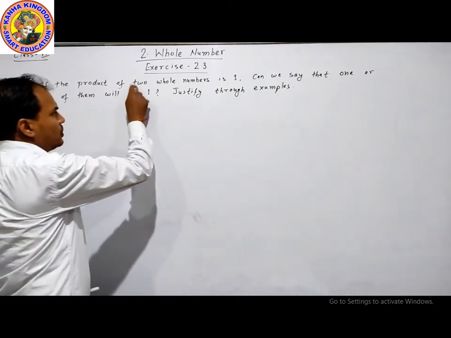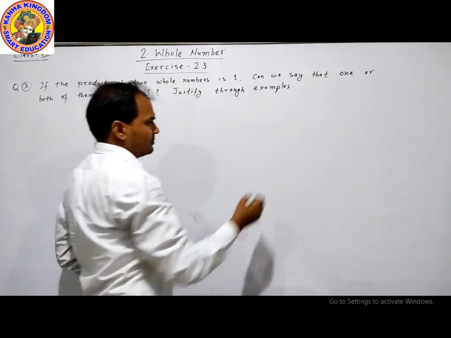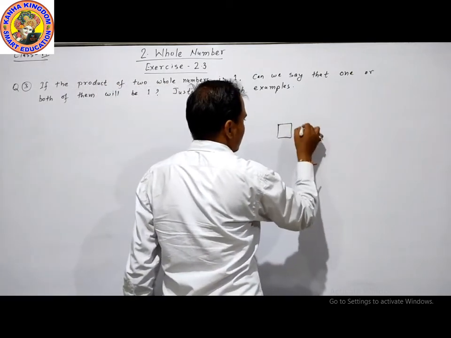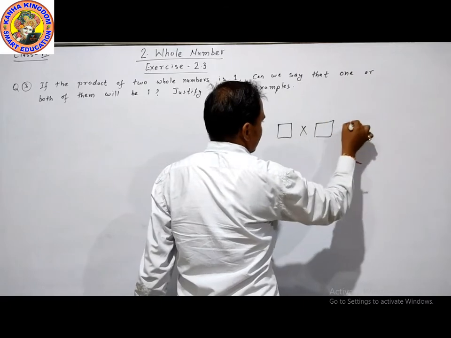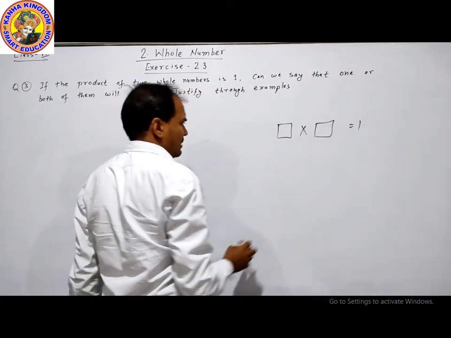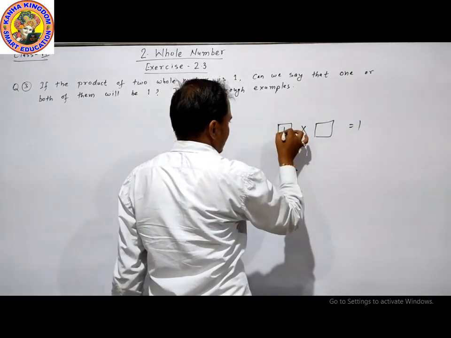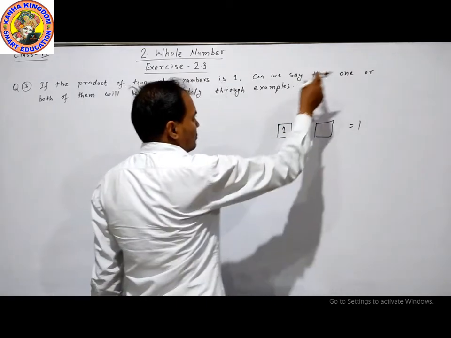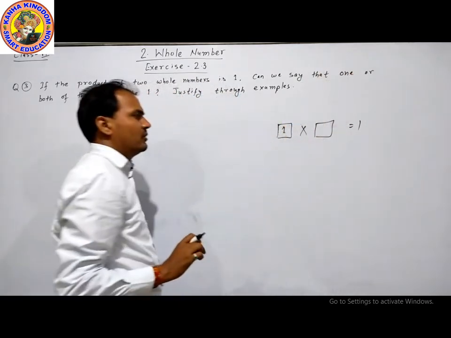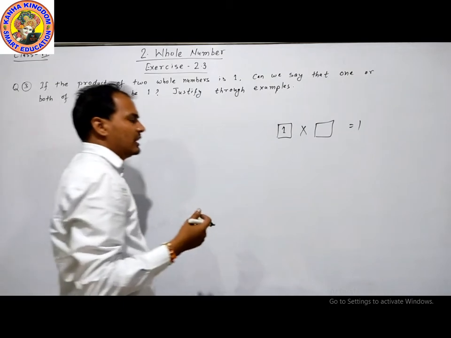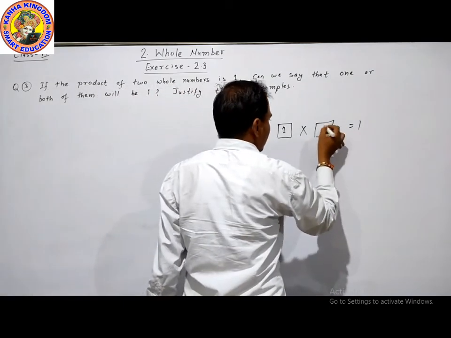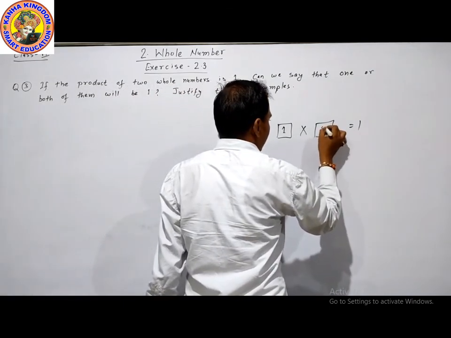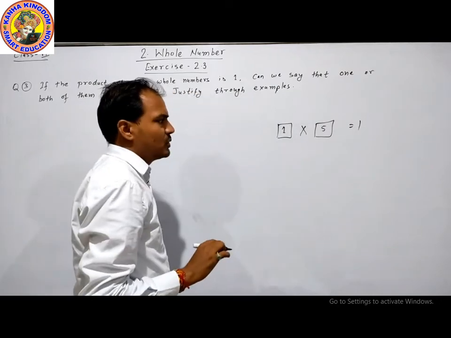The product of two numbers is 1, two whole numbers. So if we use 1 only one time and another is any digit, say 5, is 1 into 5 equal to 1?